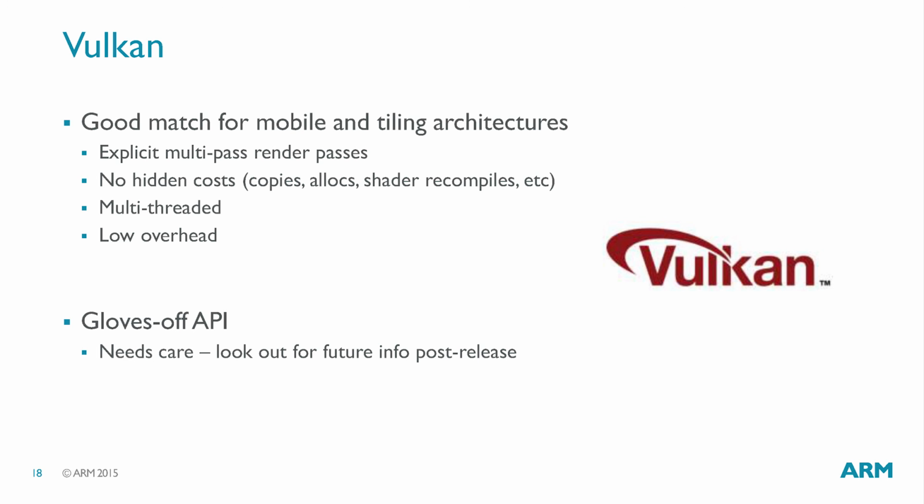On the CPU, we had to buffer all the commands into a render pass's worth of work before doing something. There's nothing in the OpenGLES APIs that talks about render passes at all. You have to sort of know that certain operations will cause the end of a render pass to occur. So you have to be quite careful about what state you set and exactly when you set it.